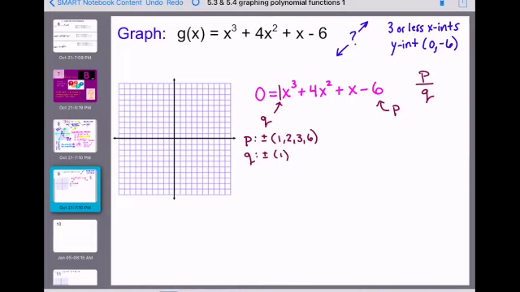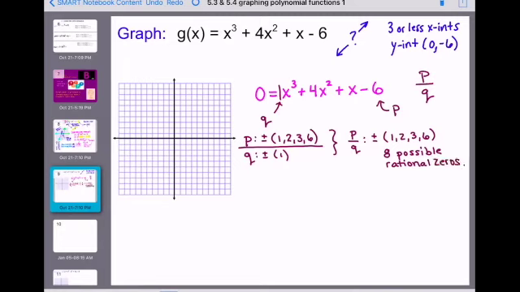You then divide all your P's by your Q's, which in this case is silly, but I'm going to do it anyway, so you don't forget to do it for other problems when maybe your Q is bigger. So we have a total of 8 possible rational zeros. So these are 8 guesses. Start guessing: pick a number, and either put it into your calculator or do synthetic division.